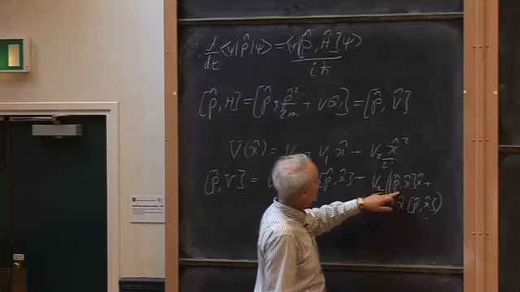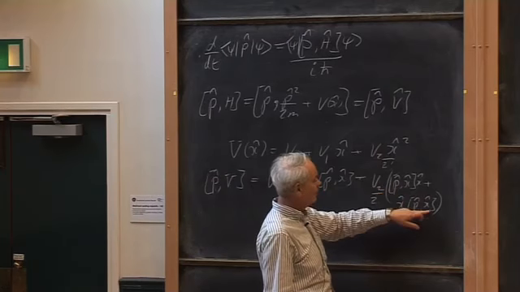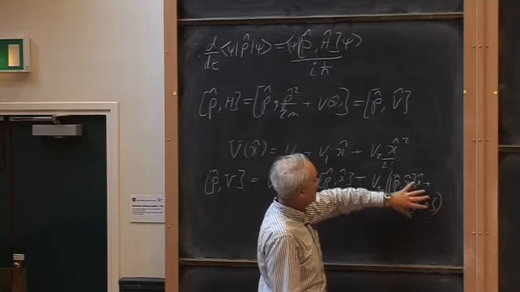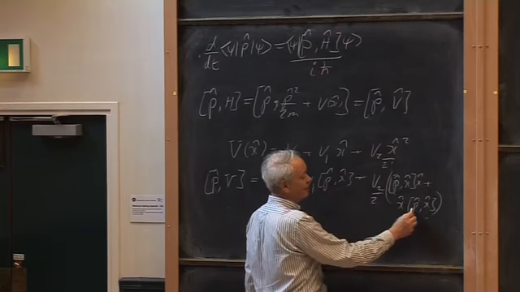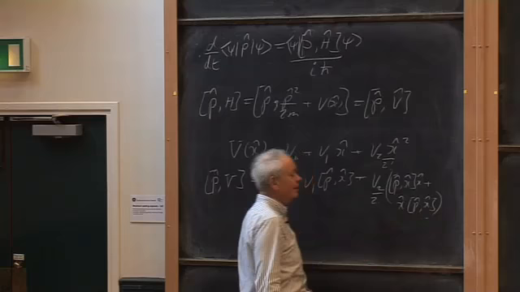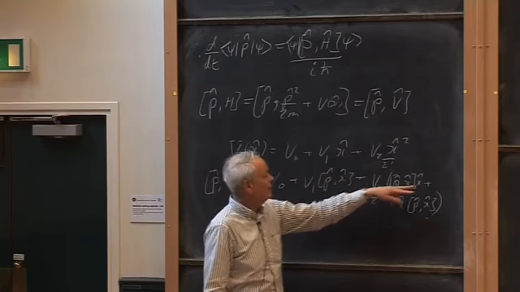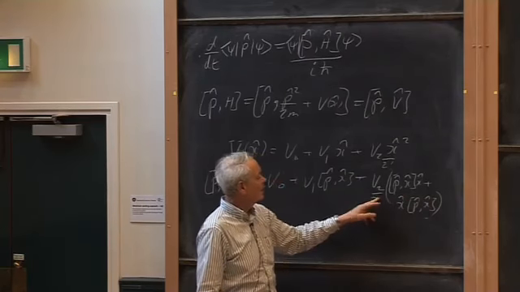Because this thing is only a number, minus i h bar, we can take this number outside. It doesn't matter that this number is in front of x and this number is behind x. Because it's a number, we can just pull it out. This becomes 2x hat, which cancels this.